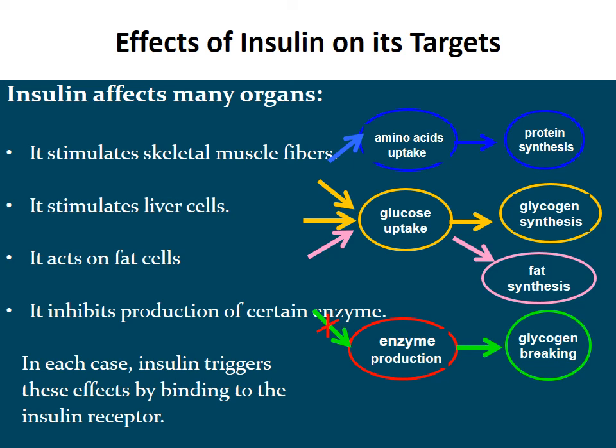On fat cells, it will stimulate the storage of glucose and change it into triglycerides stored in fat tissues. It inhibits the production of certain enzymes, such as enzymes that will break down glycogen.